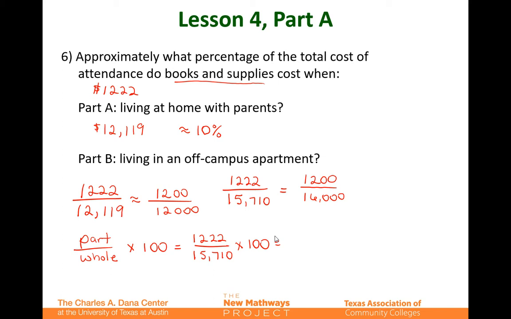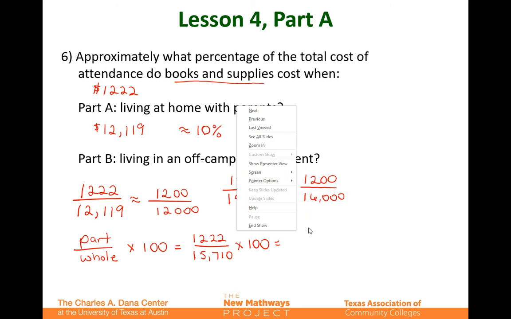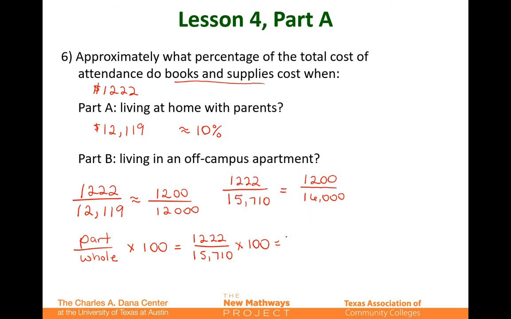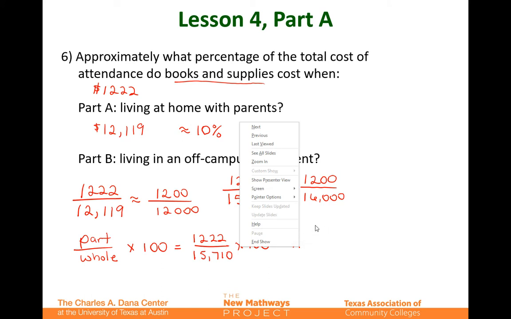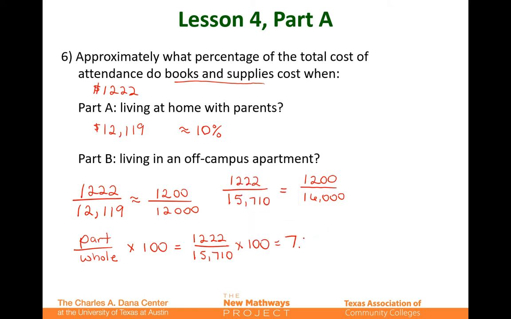So 1,222 divided by 15,710 times 100, and that comes out to be 7.8%, or 7.78%. Let's go out a little farther.